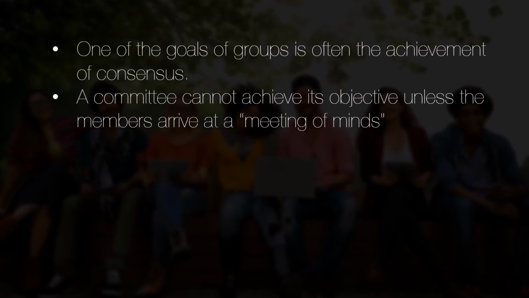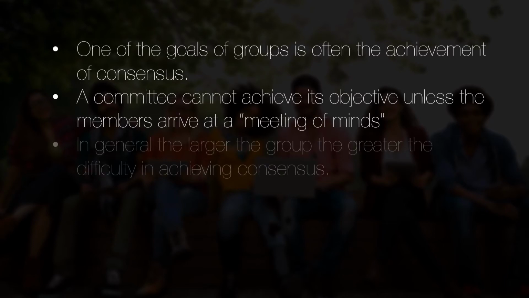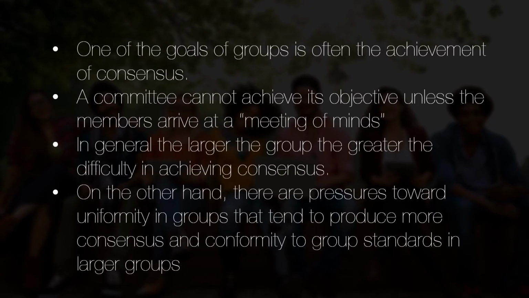You don't need to simply vote for an item, but in consensus the group is committed to finding solutions that everyone actively supports, that everyone at least can live with. On the other hand, there are pressures toward uniformity in groups that tend to produce more consensus and conformity to group standards in larger groups.